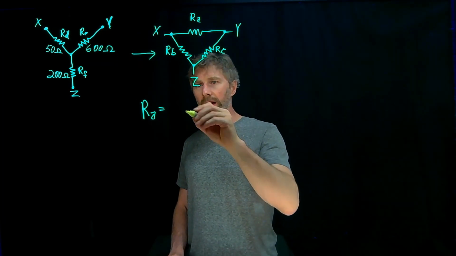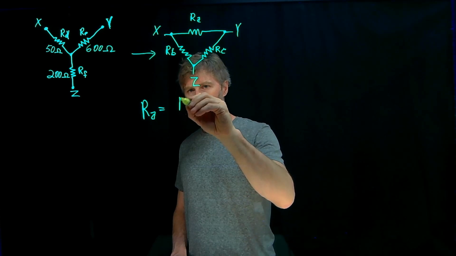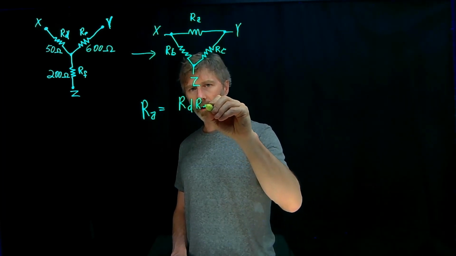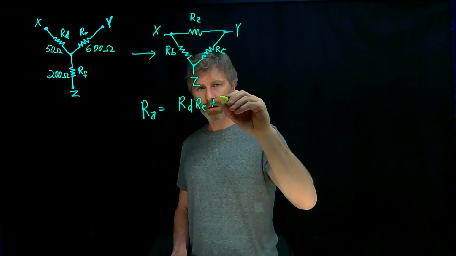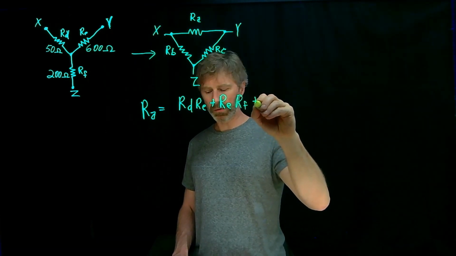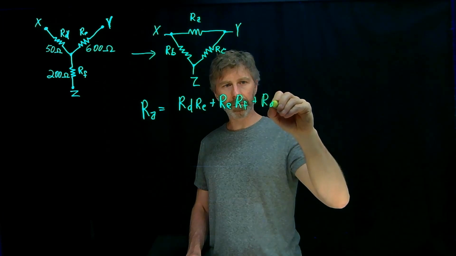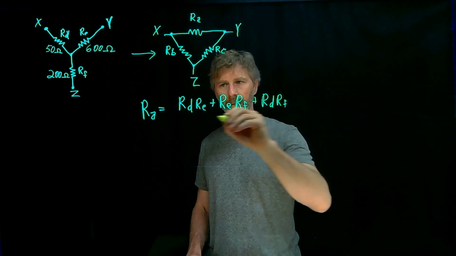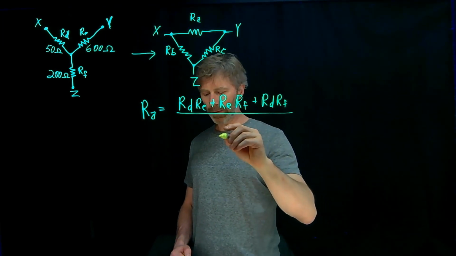RA is equal to RD times RE plus RE times RF plus RD times RF, all divided by RF.